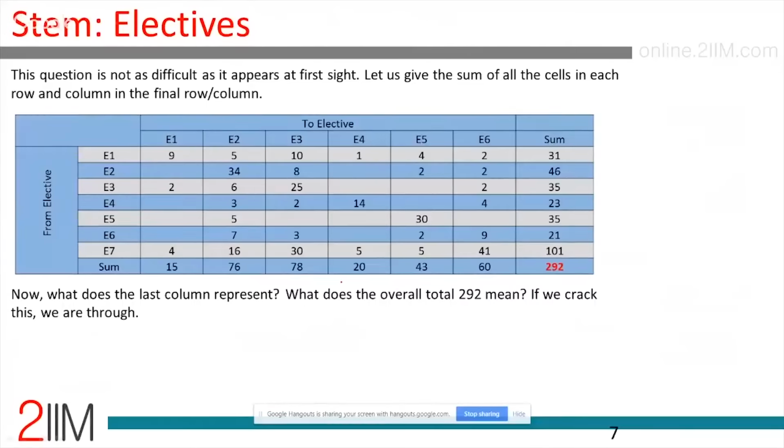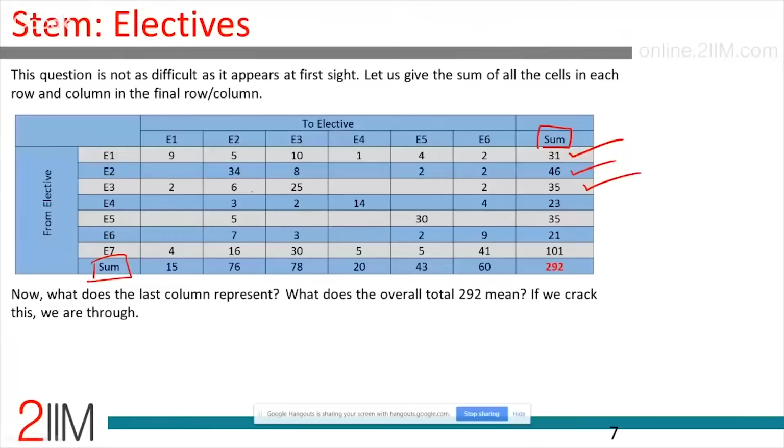I've helped you out here, filled in some, added an extra column and an extra row. And so I'm going to capture all the sums here and all the sums here, the total here. So 9 plus 5, 14, 24, 25, 29, 31. That works. 34 plus 8, 42, 44, 46. That works. 2 plus 6, 8, 8 plus 25, 33, 35.